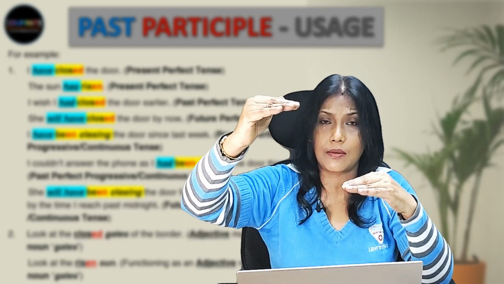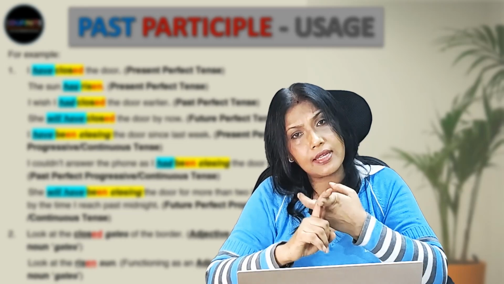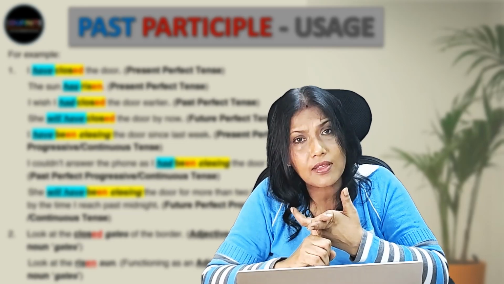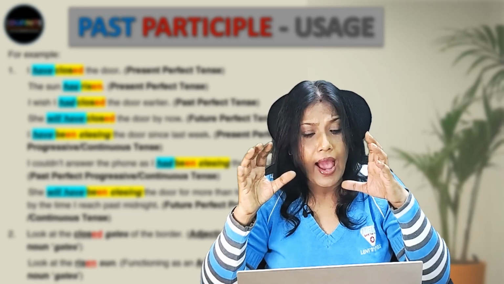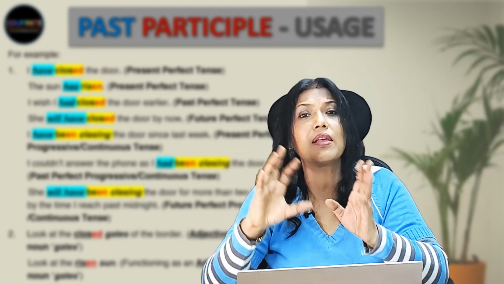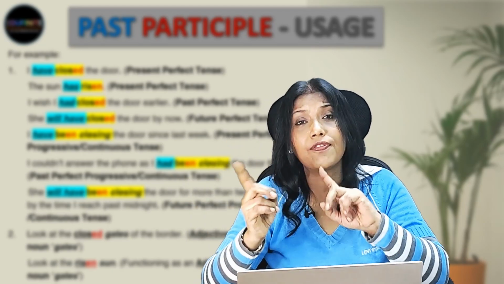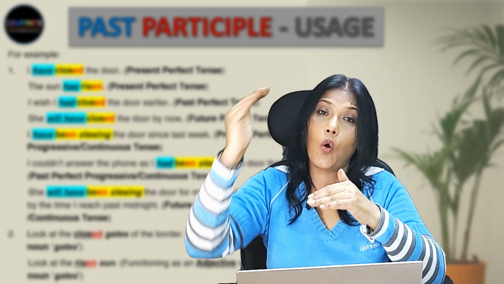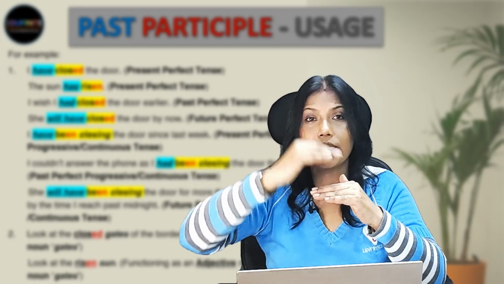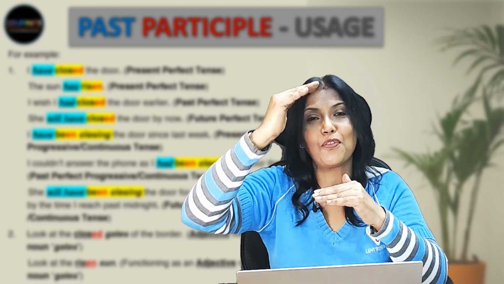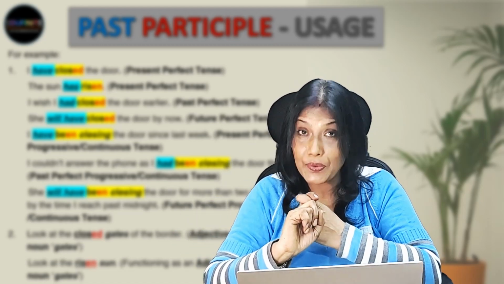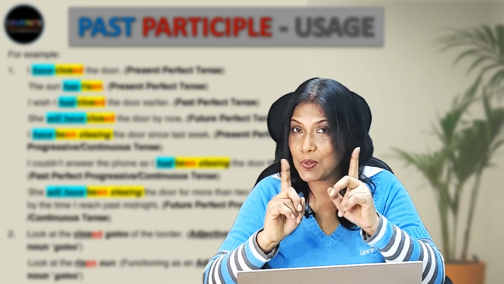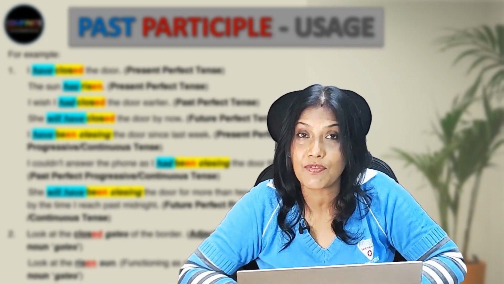The word "rising" is describing the sun, and "risen" is also describing the word "sun." But the difference is that in one case the sun was just rising, and here it has already risen. That means it has already completed the action of rising. So we are using "risen," but it's used as an adjective. That's what you have to understand.